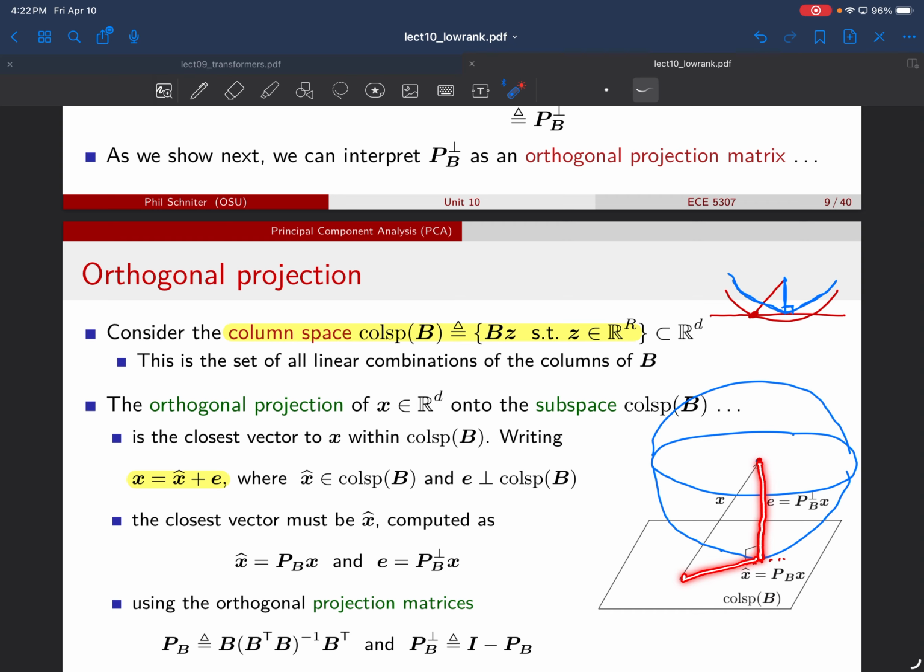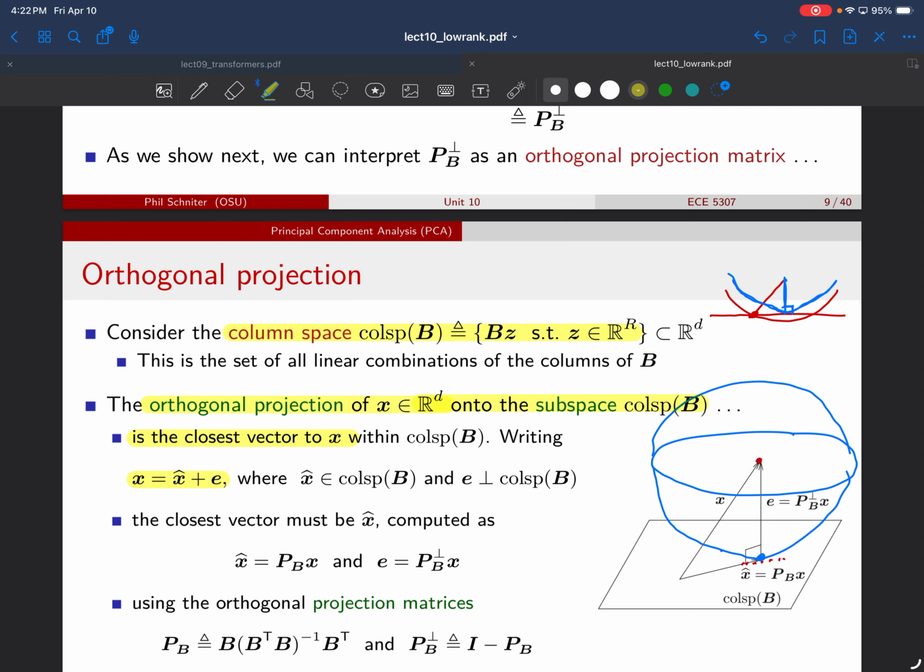We know that x hat will be in the column space, and the error will be perpendicular to the column space, based on these ideas. This is what we call the orthogonal projection of x onto the column space. It's the closest vector to x, and we can write that in this way. Is that making sense so far?